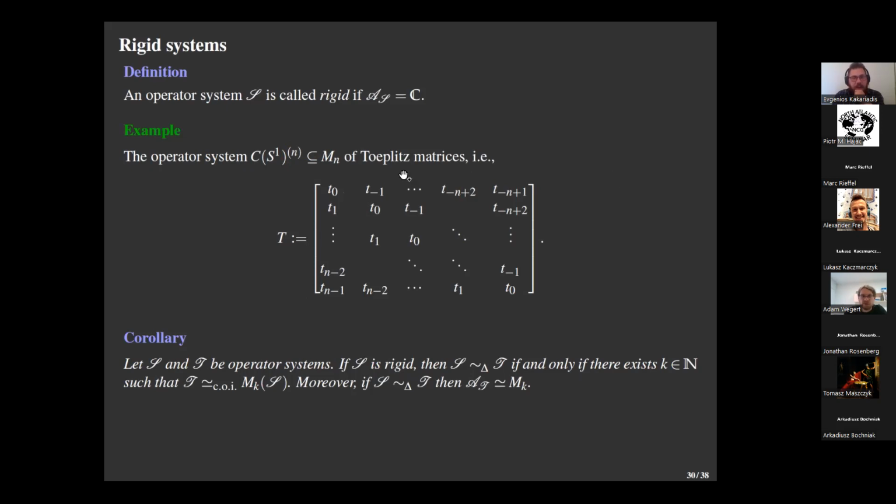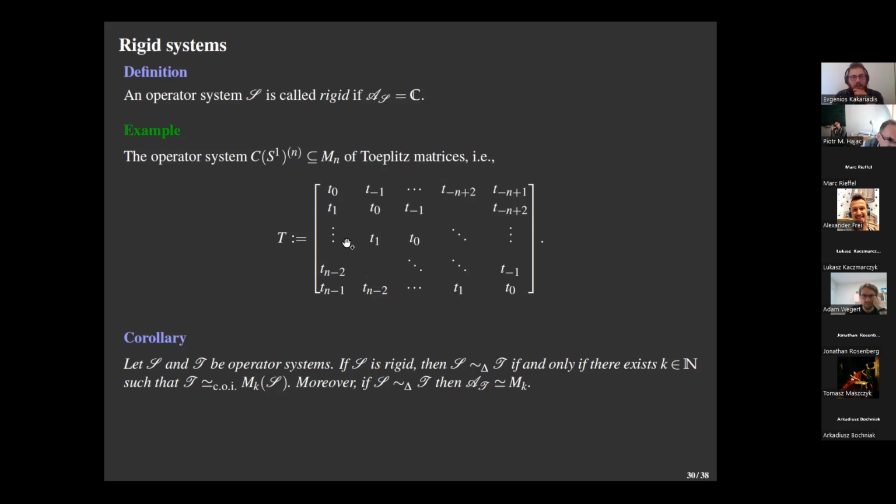This is the operator system related to these functions on the circle when you truncate by a projection Pn, where Pn is the projection on the span of the first N basis vectors, as far as I remember. Yes, am I right? Yes. Well, this is exactly what the Toeplitz picture shows here.